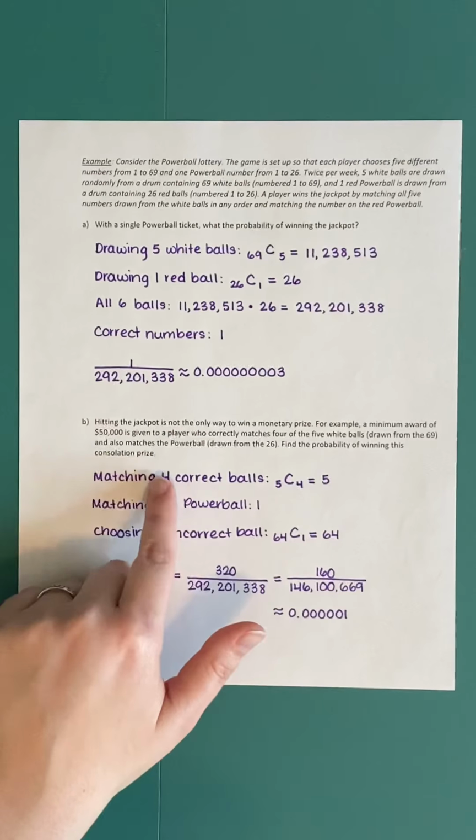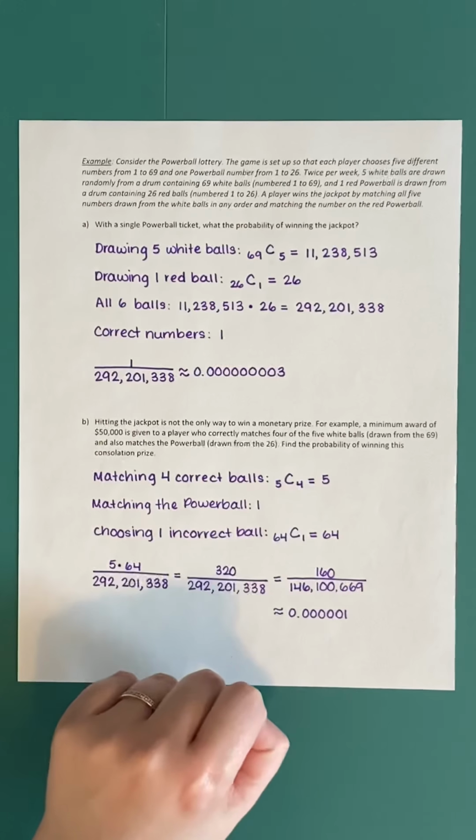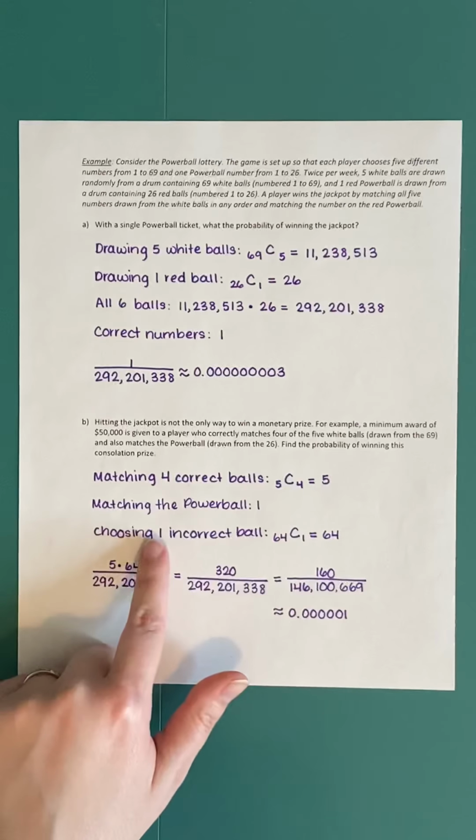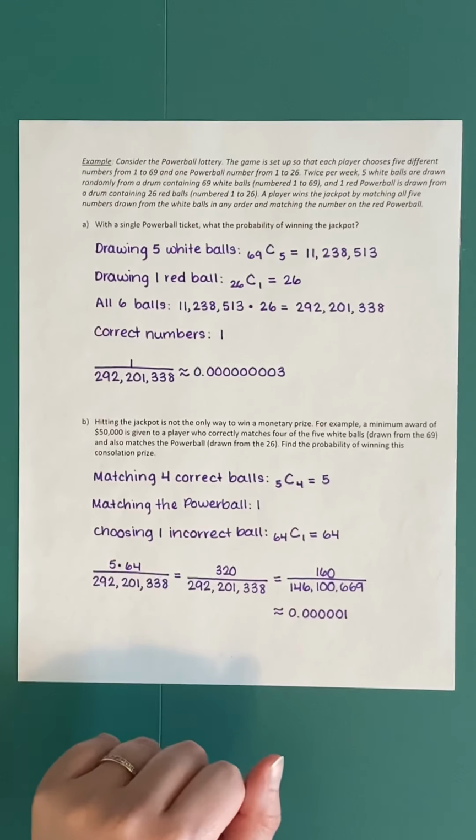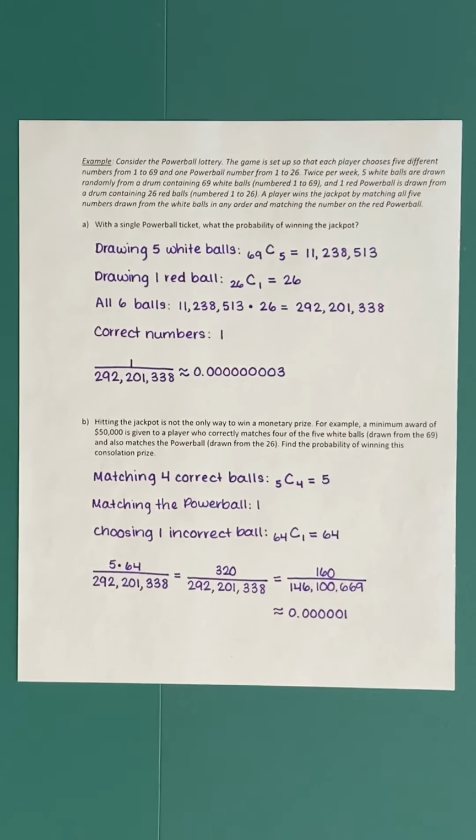We pick 4 numbers that are correct, but in order to fill out the ticket, we also have to pick 1 additional number. It just so happens that that 1 additional number we picked was an incorrect number. So there's 3 steps here: matching 4 white numbers that are correct, matching the Powerball so that it's correct, and then also choosing 1 more white number, one that happens to be incorrect, in order to fully fill out the lottery ticket.